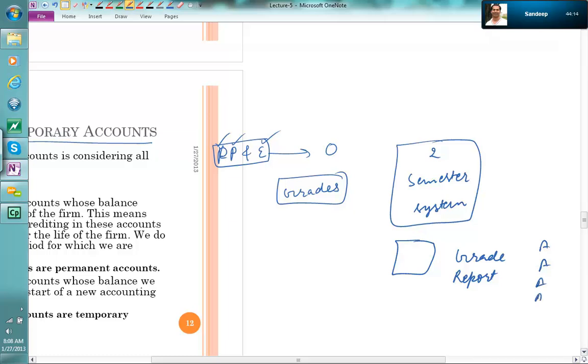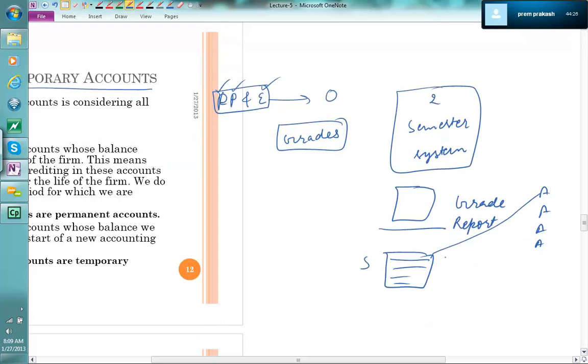For the next semester, do you think that it will carry some weight, or will it be fresh? It will be fresh. All the students in the next semester start from ground zero, isn't it? So what is the grade report in the case of the business?